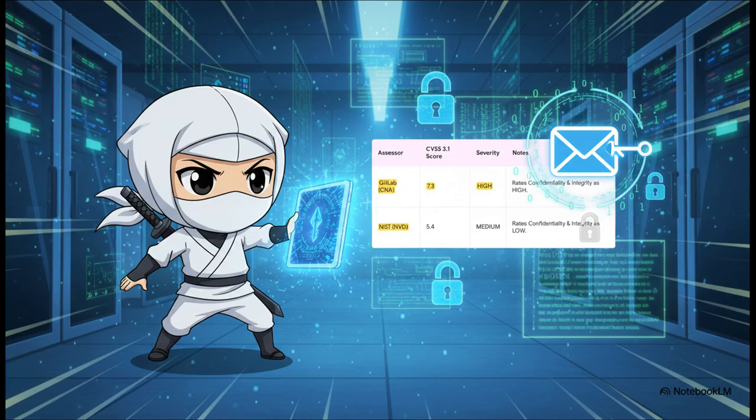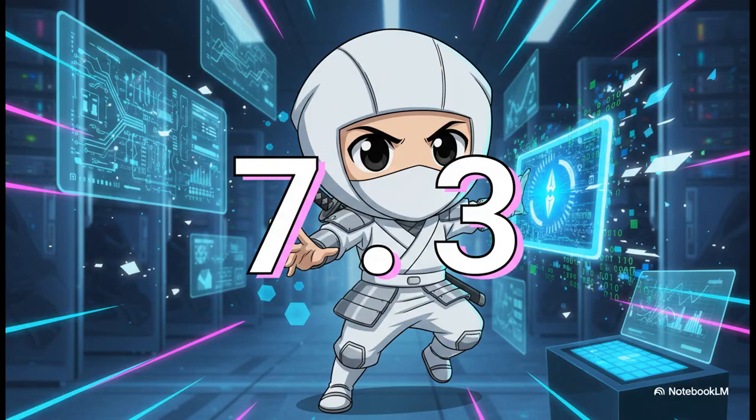They know adding an email address is the key to the kingdom, which is why they rated confidentiality and integrity as high. In this scenario, the vendor's assessment is the operational truth. So, the crucial takeaway is this: your operational posture must be based on a severity score of 7.3. This is a high-severity threat. Do not let that lower NVD score lead to any complacency. All of your defensive actions should reflect this higher rating.